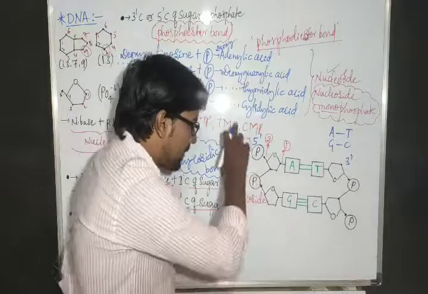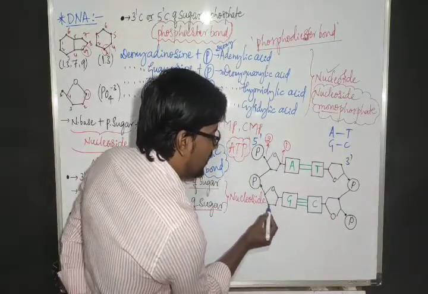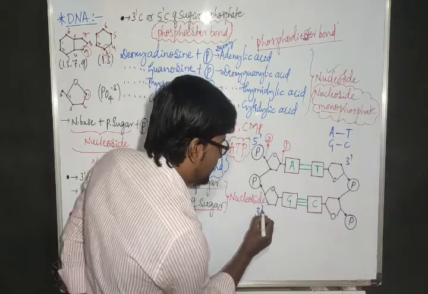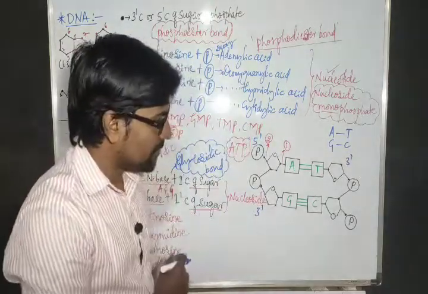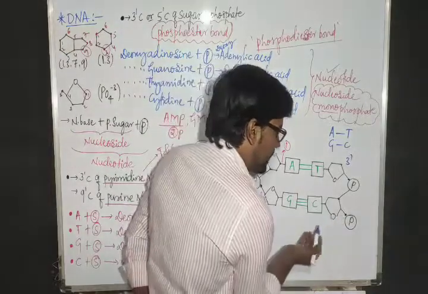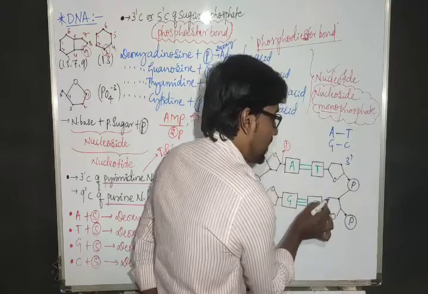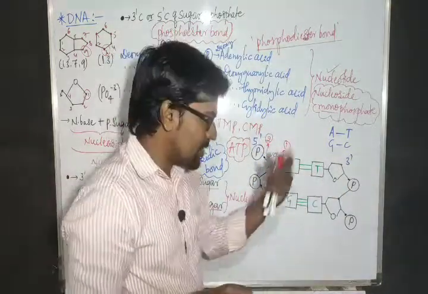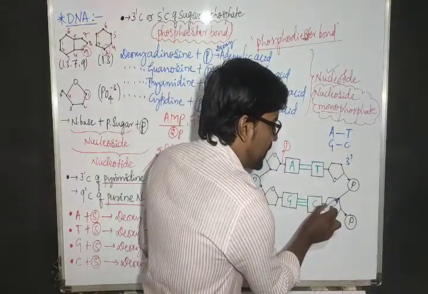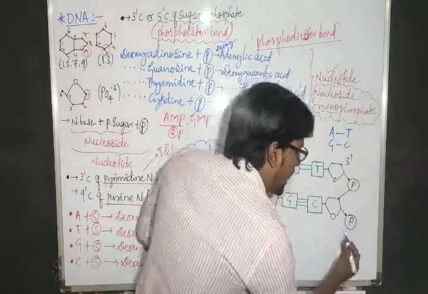Now coming to this side, first carbon, second carbon, third carbon. Here the third carbon is free. I will mention this end as 3 prime. Coming to this side, first carbon, second carbon. Here the second carbon will not work. Why? Because the oxygen atom is removed. Last time only I told you. Third carbon, it has already made a bond. Fourth carbon, fifth carbon.